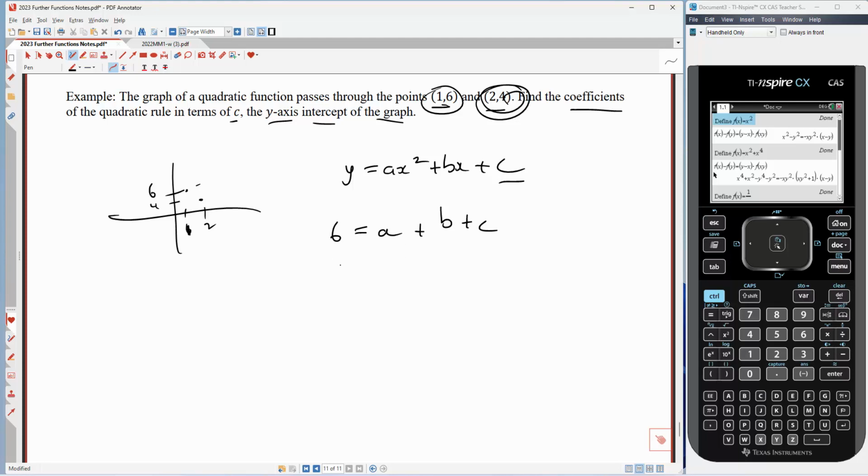And we'll go 4 equals, 2 squared is 4, so that's 4a plus 2b plus c. So what we'll do first of all is, how should we do this?